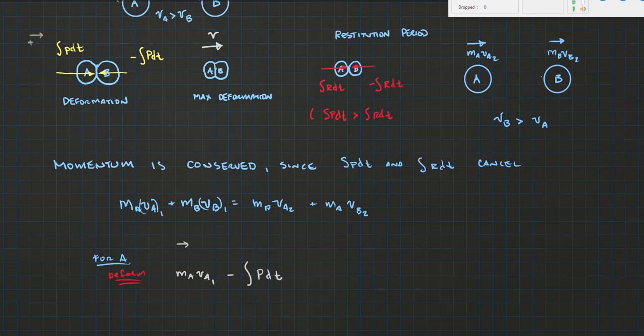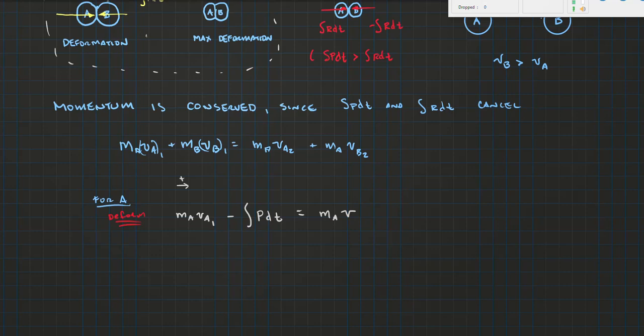So again, we'll count this as positive, and I'm looking up here at this area for my deformation period. And this equals mass of A times a velocity that's occurring at this time.